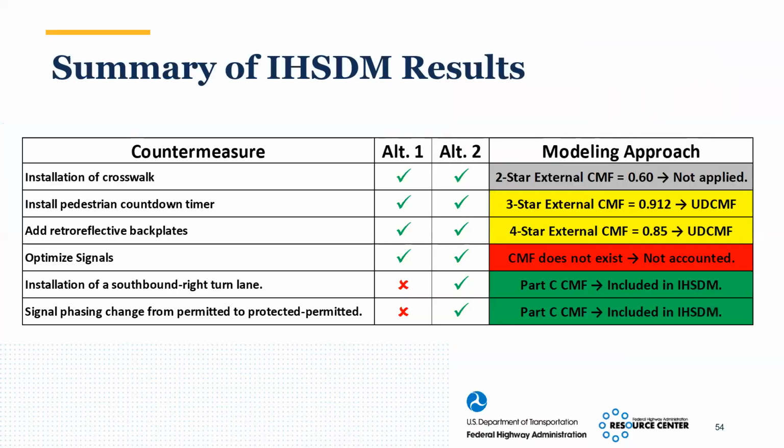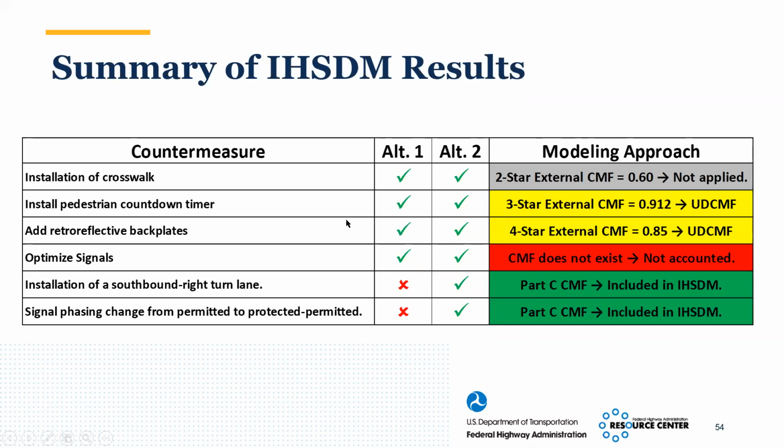To summarize the demonstration, for this case study, we had some treatments in two different alternatives. For installation of crosswalk, since there was not a good quality CMF, it was not applied, even though it was in two different alternatives.